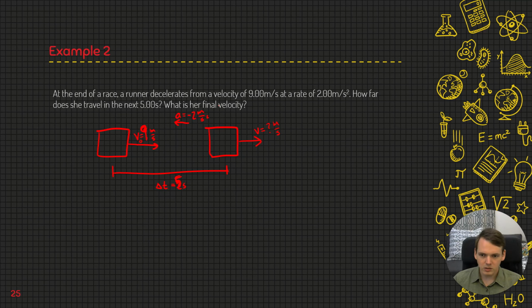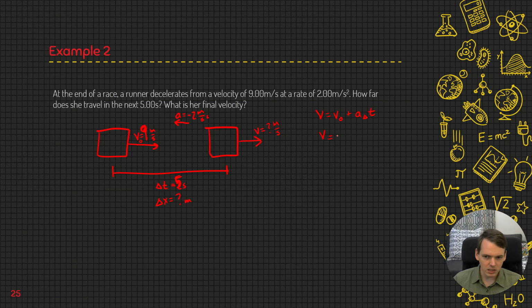So looking at this, we've got lots of V's, A's, and T's. So we're going to go again with V equals V naught plus A delta T. Oh, and we also want to find what's the delta X, how many meters. But first we'll start with this.